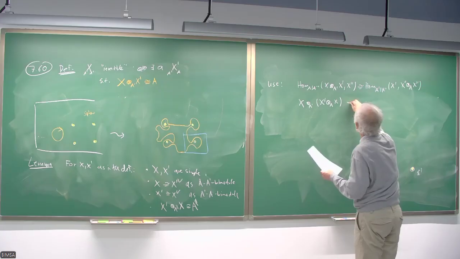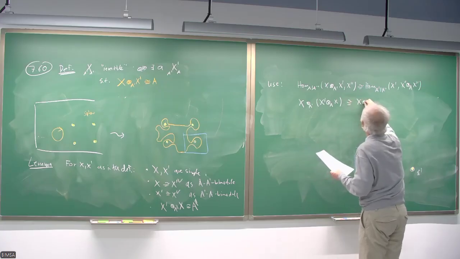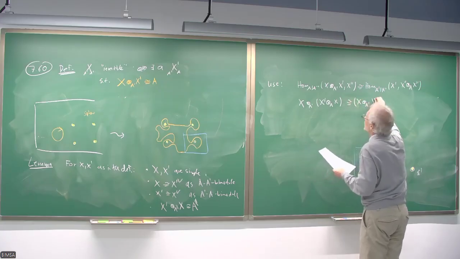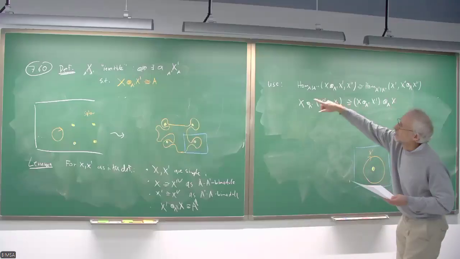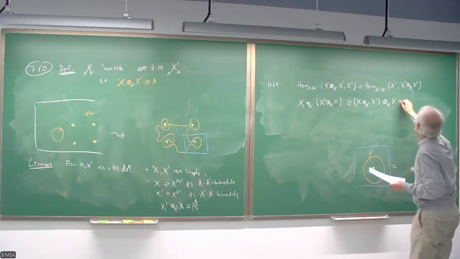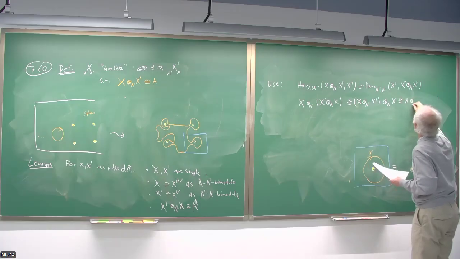So this is isomorphic to X tensor over A prime, tensor over A X. But this by assumption is isomorphic to A and A tensor over A.